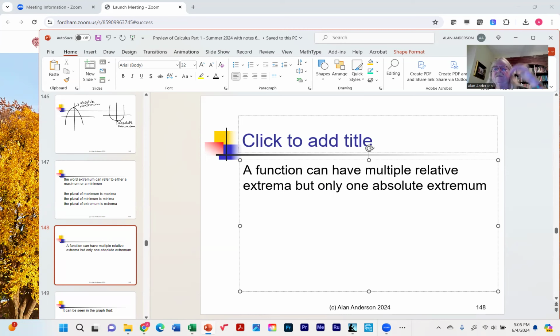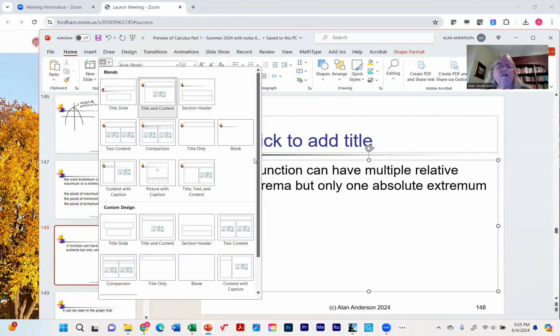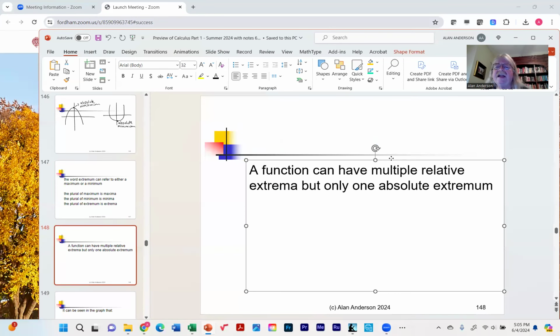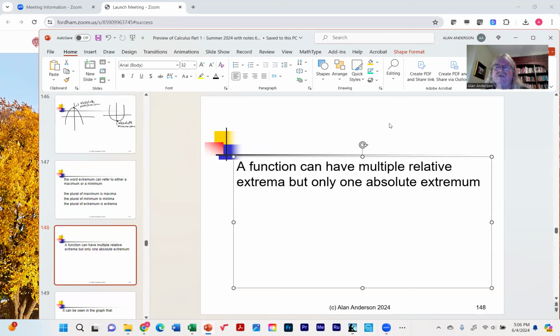There's only one absolute maximum and only one absolute minimum, but you can have many relative minima and maxima. Sometimes, by the way, you don't have to have relative extrema. Some functions don't have any.